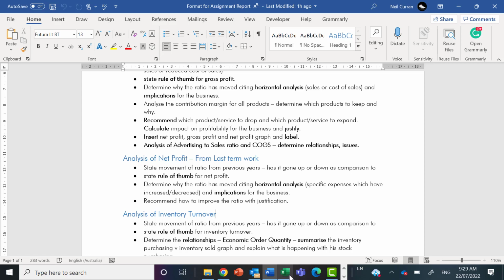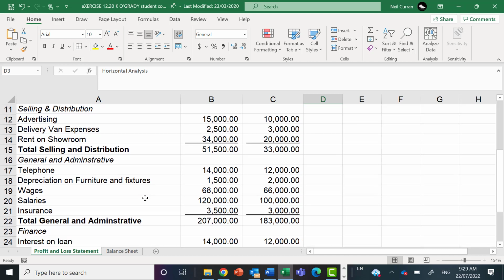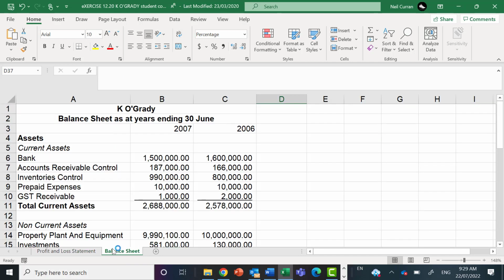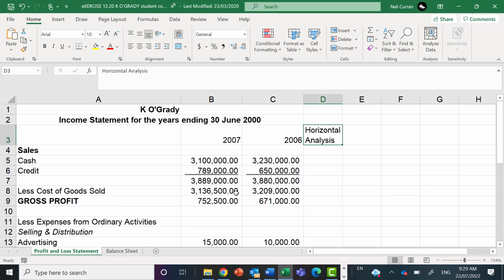So I'm going to go to a question here, and this one is for an organisation called Ledger-ary, and as you can see here we've got cash sales, gross profit, and a number of expenses, and also a statement of financial position as well. Now horizontal analysis is conducted in your statement of profit or loss, and it looks at and analyzes how much of your sales is being consumed by expenses.